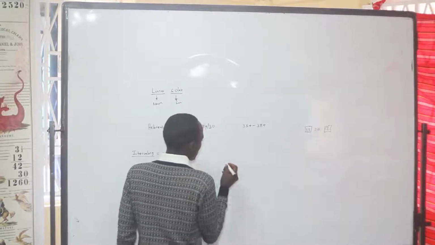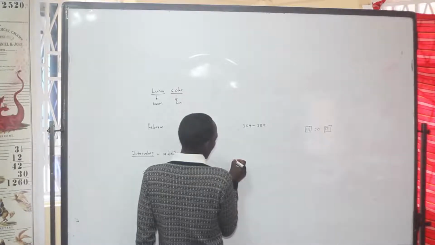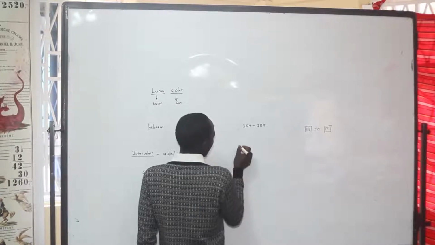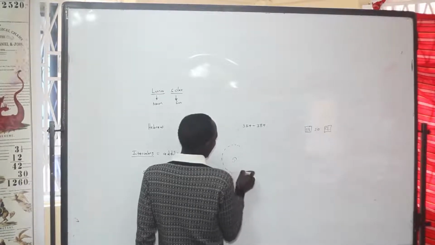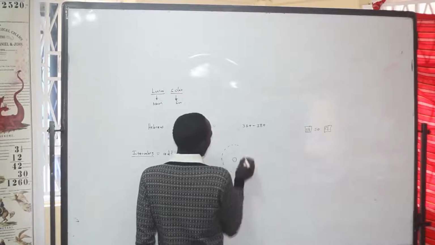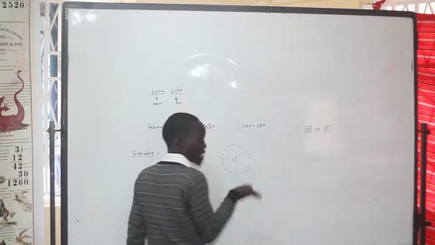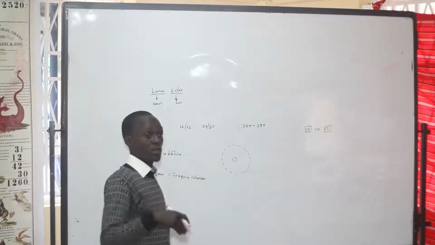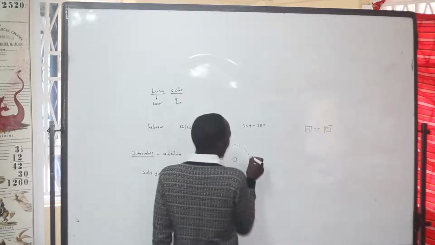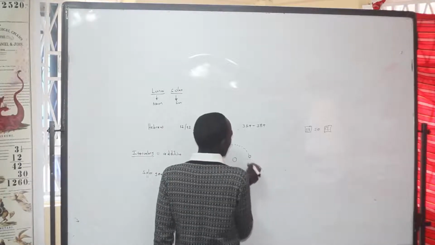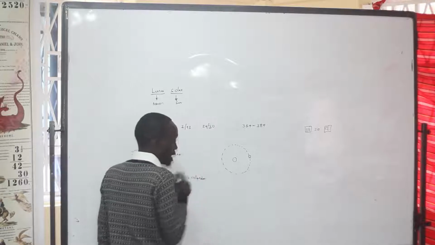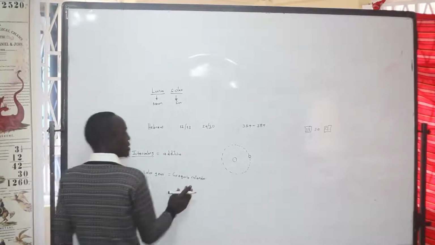So I'm saying, if the earth goes around the sun, it revolves around the sun, okay? So how many days does it take for the earth to go around the sun in our calendar, the Gregorian calendar?